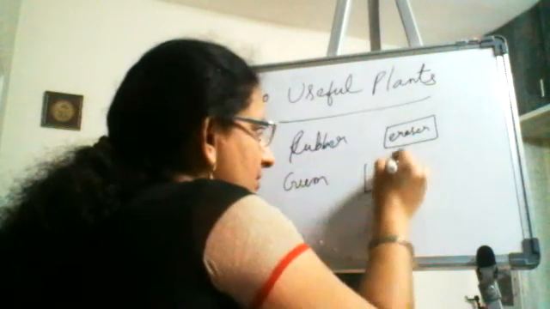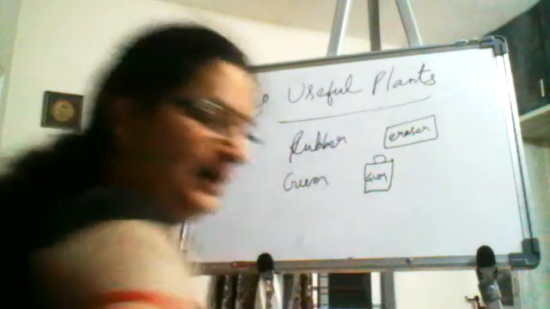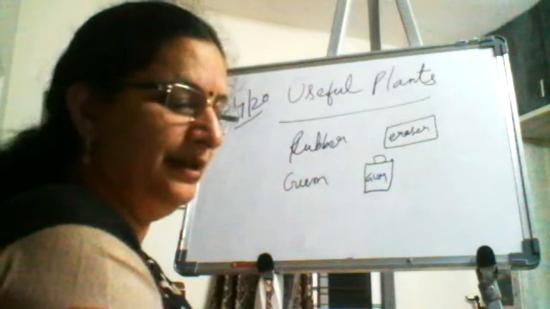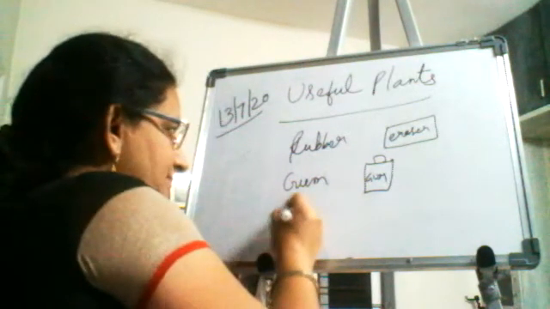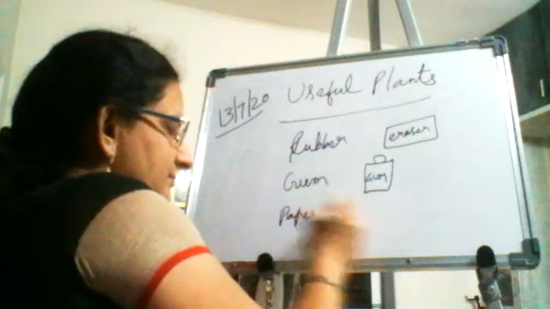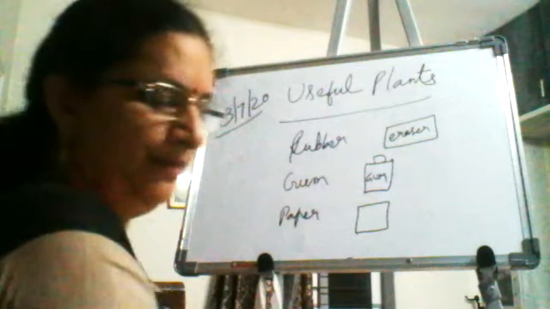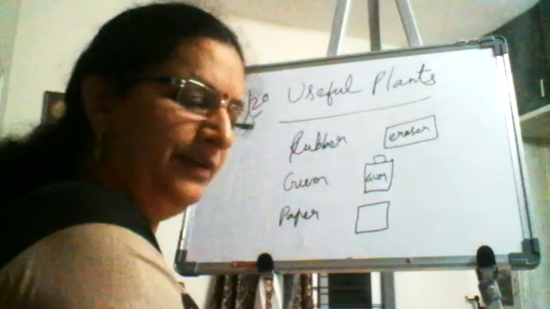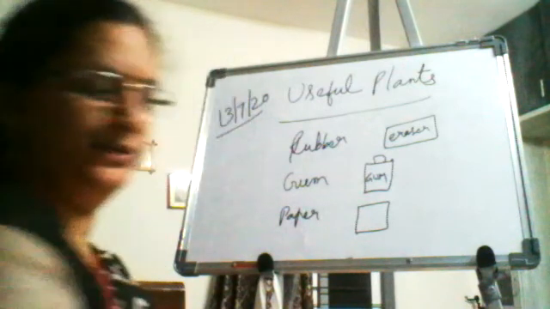This is the gum bottle. You use it to stick your papers. Yeah. Next, we get paper from bamboo tree. So you get this paper. How? Again from the pulp of the tree. Now, dead and dried plants and parts of plants are used as manure.